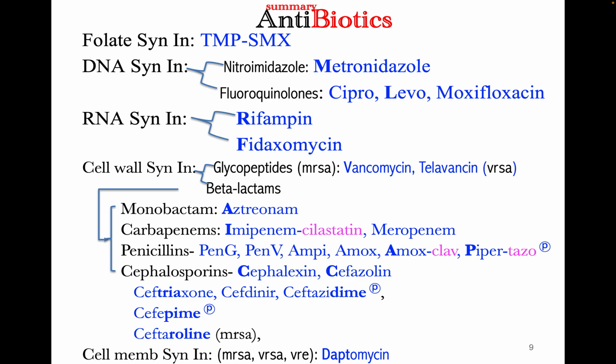That means these drugs are eliminated through urine. More than 70% of trimethoprim is directly eliminated in the urine. That is the reason it is very effective to treat urinary tract infection. Keep in mind, this drug combination is the major indication for urinary tract infections, okay?